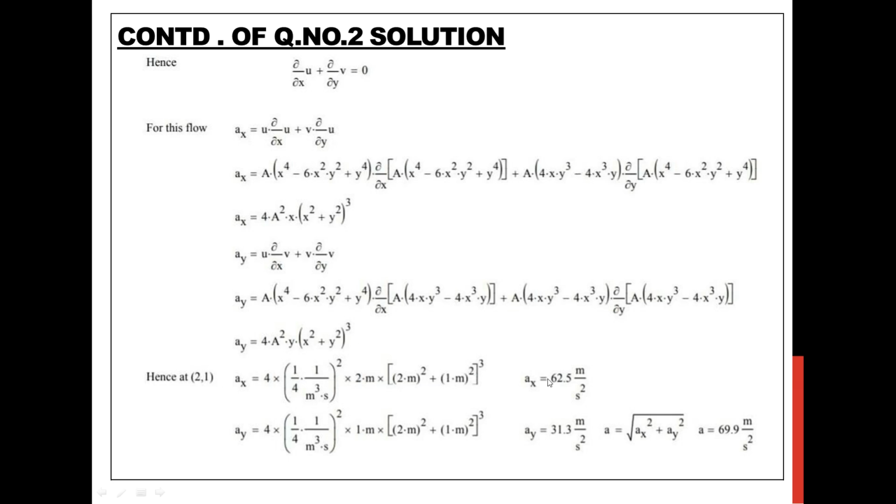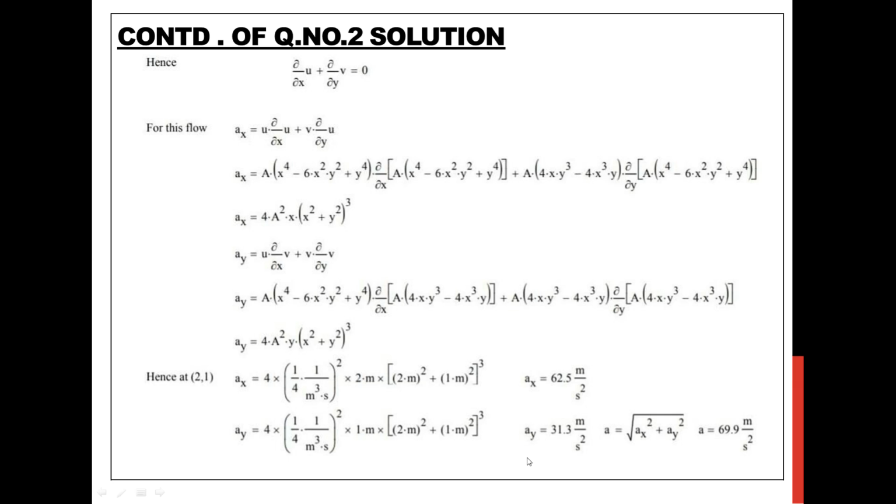By calculating this, we get ax equal to 62.5 meter per second square. And ay equals 4 into 1 by 4 square into 1, that is y, times 2 square plus 1 square, that is x square plus y square whole cube.